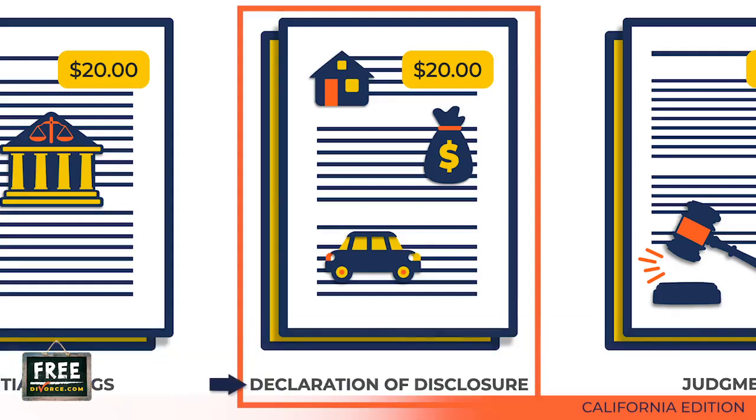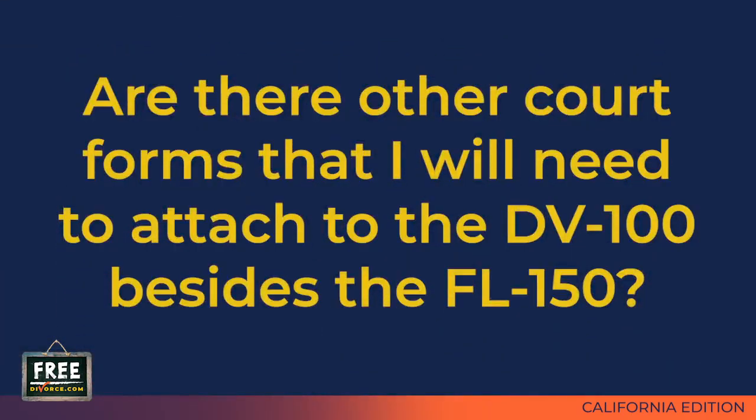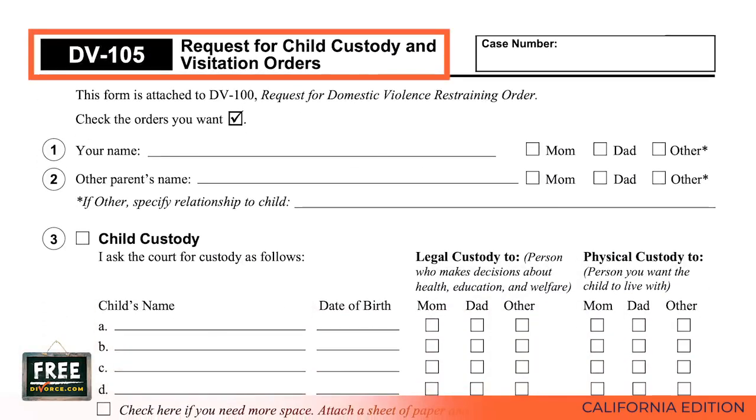Are there other court forms that I will need to attach to the DV-100 besides the FL-150? Again, it depends on the types of restraining orders you requested. If in your DV-100 you asked for child custody or visitation orders, then you are also going to need to attach to your DV-100 a form called Request for Child Custody and Visitation Orders, which is DV-105.